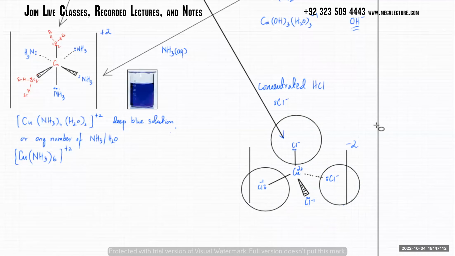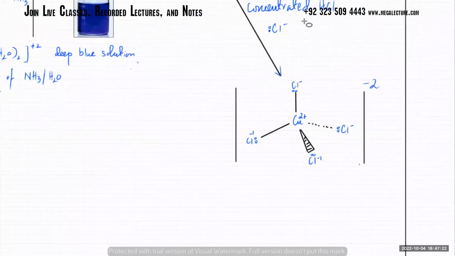So that's the issue. So whenever you have bigger ligands, you can't really fit a lot of them around it. So the number will decrease. And this is a tetrachlorocopper 2 complex. So it's a tetra complex. So this is Cu with 4 Cls. Put square brackets around it.